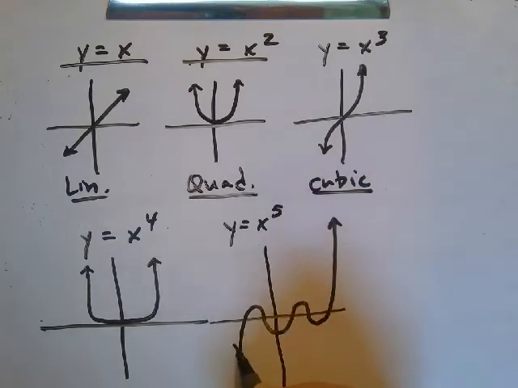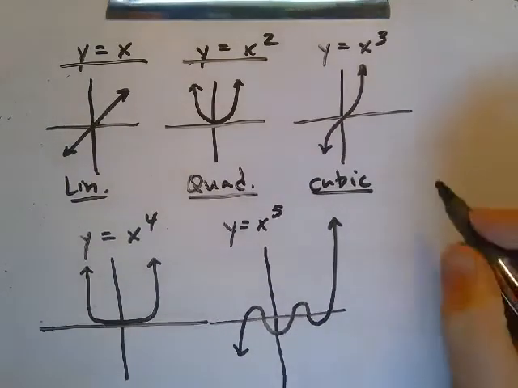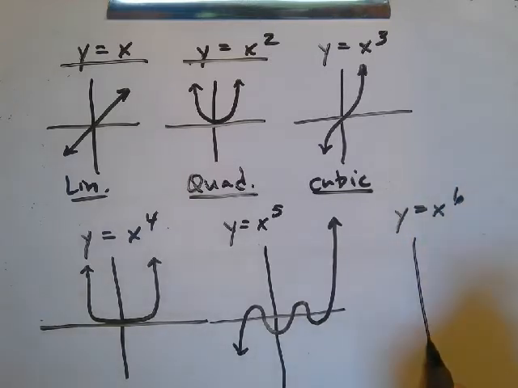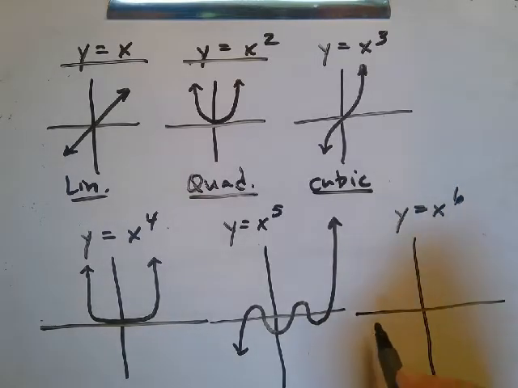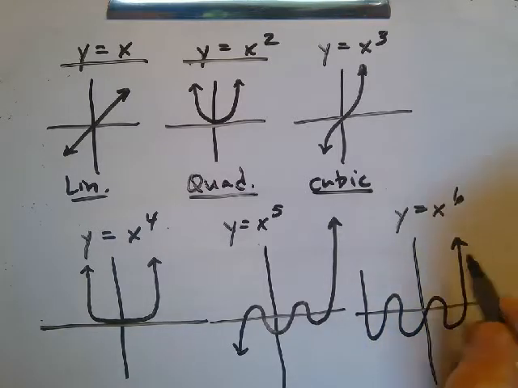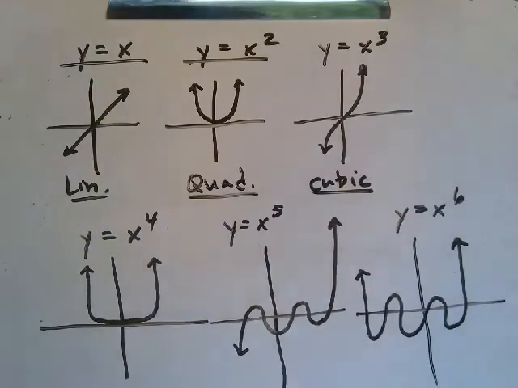They continue to change and get more and more complicated. If we had y equals x to the sixth, well, we could get all kinds of stuff here. It could come in and move around a little bit and then go back out. There's lots of different things that can happen.